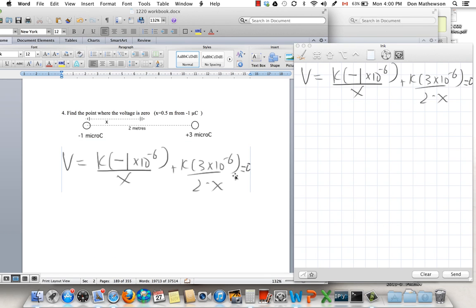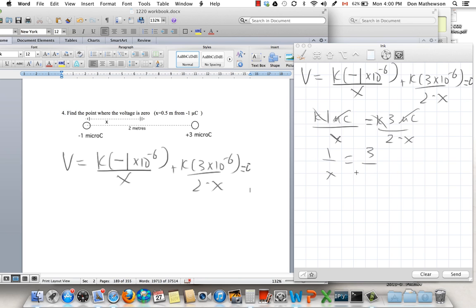So this is the equation that we now want to solve for x. So we'll bring the negative 1 over to the other side. And then I'll just write it in microcoulombs. And as we did previously, we're going to cancel microcoulombs, which means canceling the 10 to the minus 6, and we'll also cancel out the k.